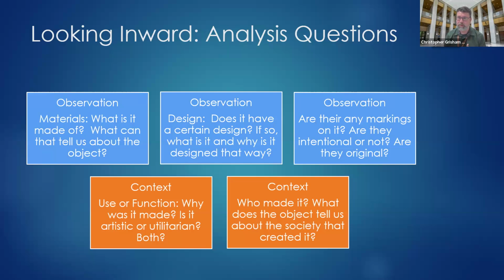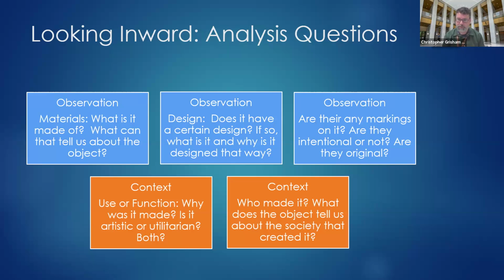So you can even incorporate design and technology elements and STEM elements into this when you're really observing those designs. And then basic observations of just, are there any markings on it? Is there any damage, any things that might have been put on there by accident or on purpose? And what does that tell us about it as well? So the observation and the asking questions is a very important part. And it's also, like I said, cross-curricular. You're going to use a lot of these same thought processes and analyzing skills in different aspects.